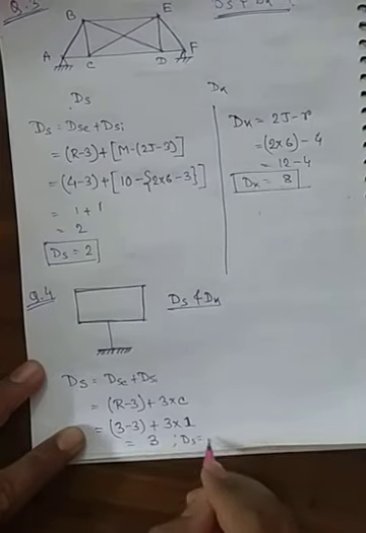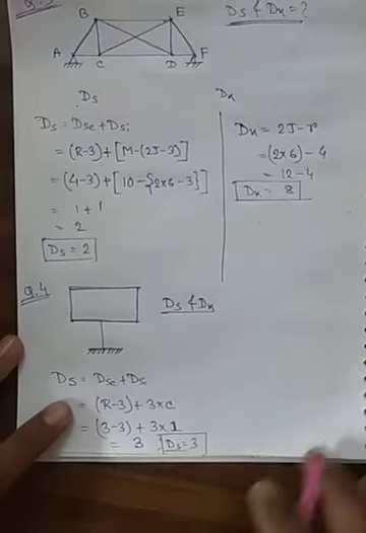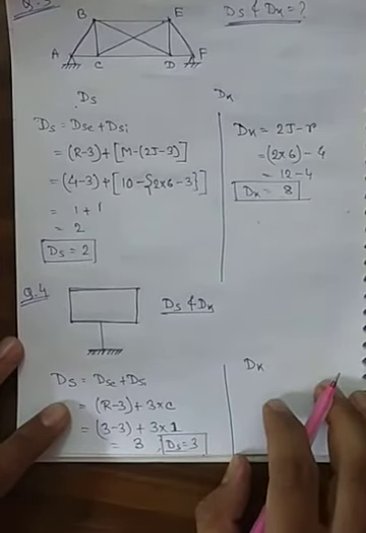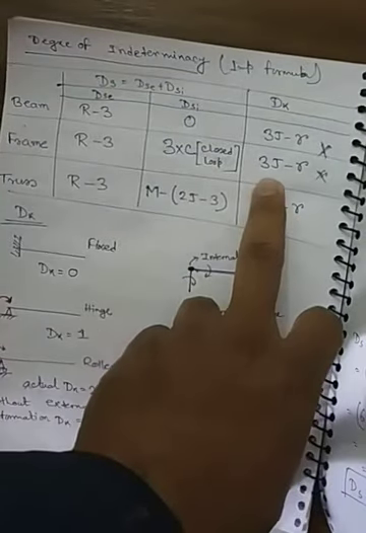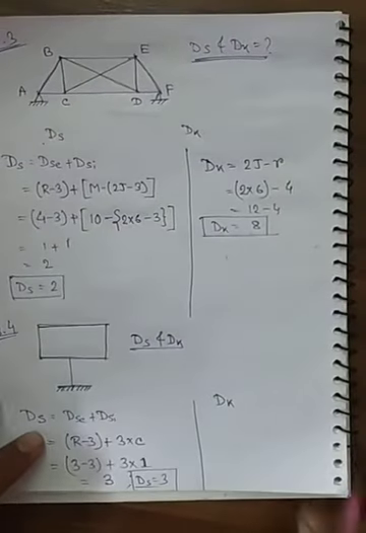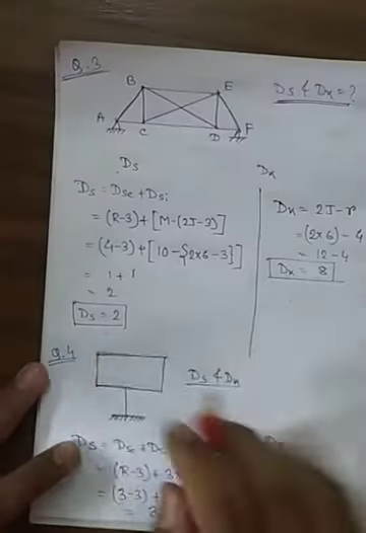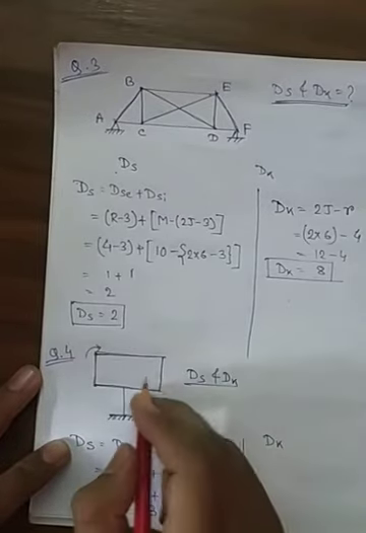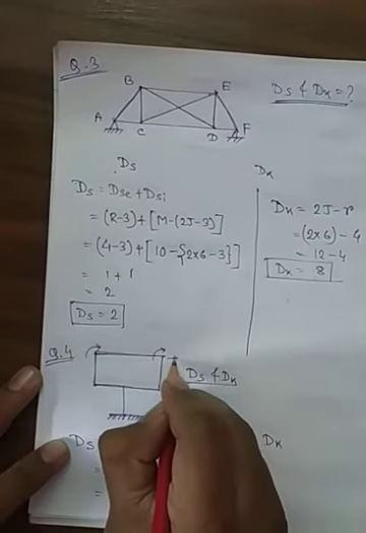That means your ds is 3. Now solve dk. Dk is very much simple. We don't use this formula for frame. We use degree of freedom. This portion, 1 degree of freedom is there. In this portion, 1 degree of freedom is there, and this one also.